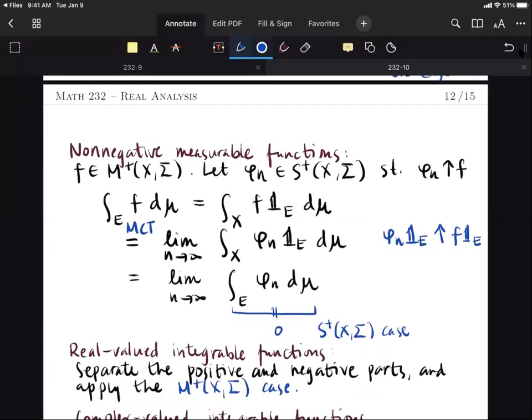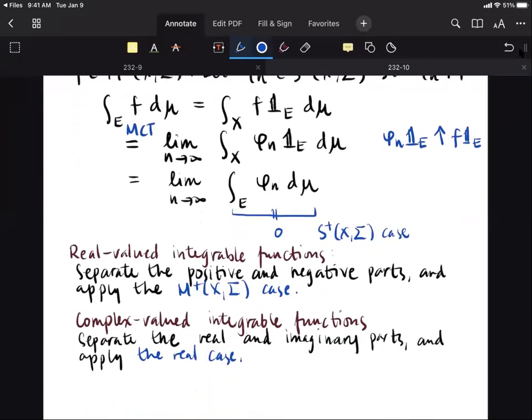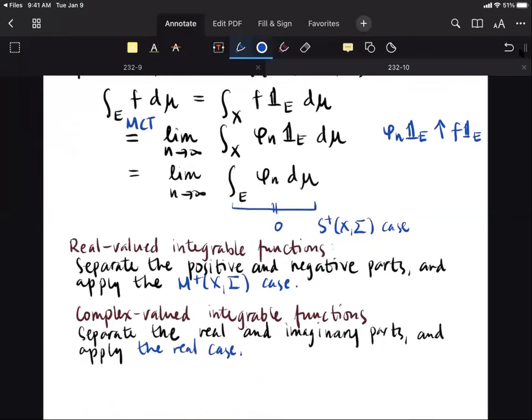For real valued integrable functions, you simply separate the positive and negative parts and apply the non-negative case. And finally, for complex valued functions, you similarly separate the real and imaginary parts and then utilize the real case.